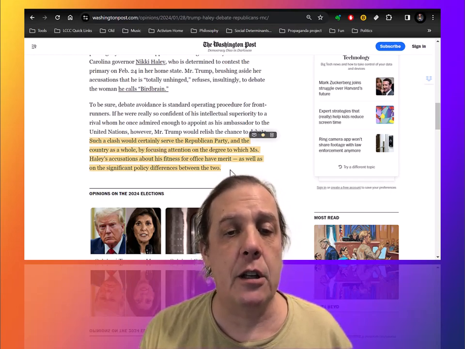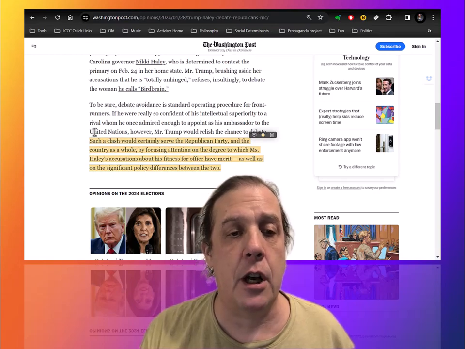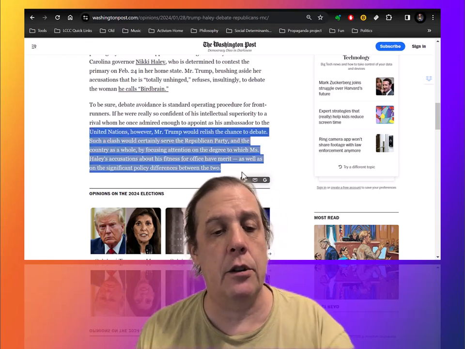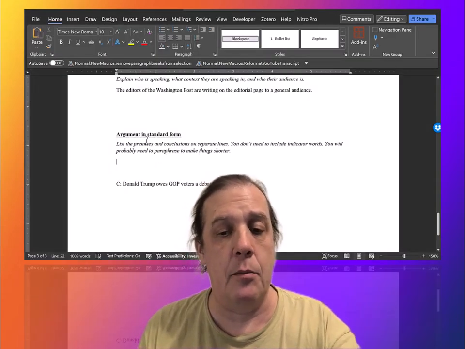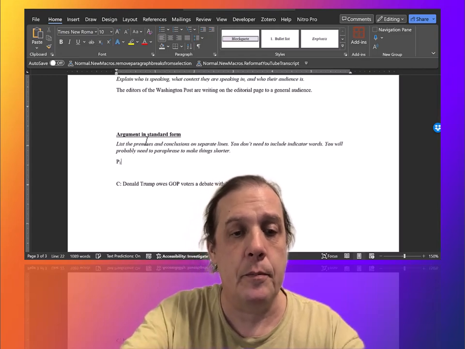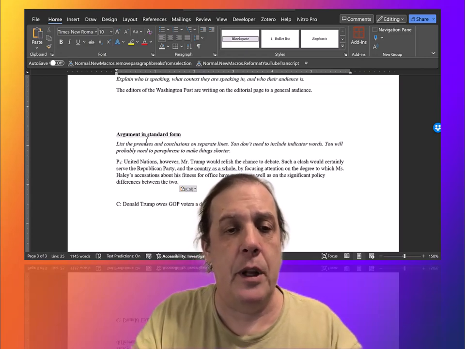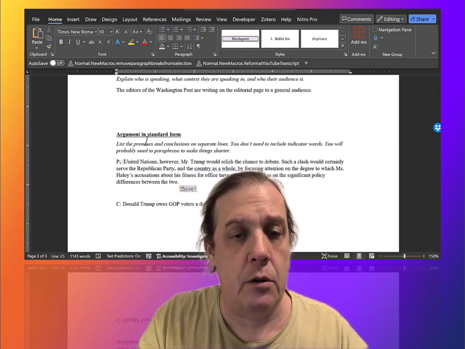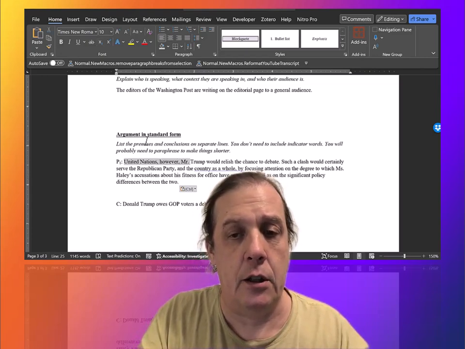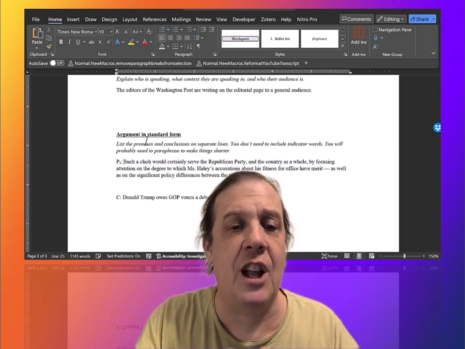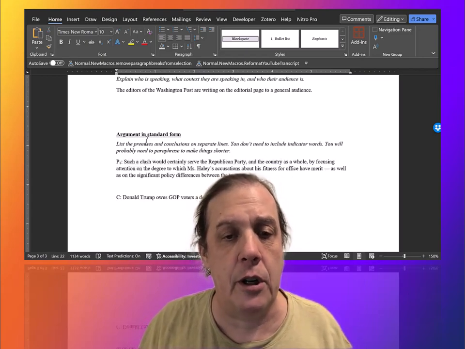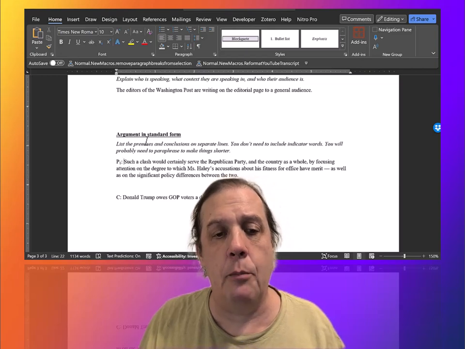So I could actually cut and paste this whole thing over. I just highlighted it here, but I could do that and make this P1. That's a lot, right? Oh, and we don't even want the United Nations part. This is the thing that I highlighted. Such a clash would certainly serve the Republican Party and the country as a whole.